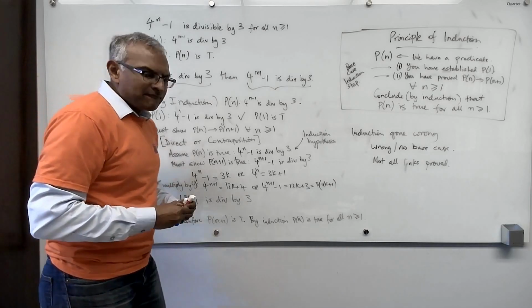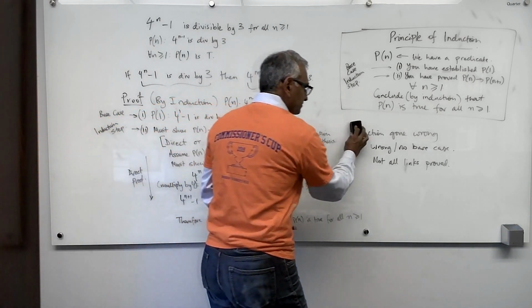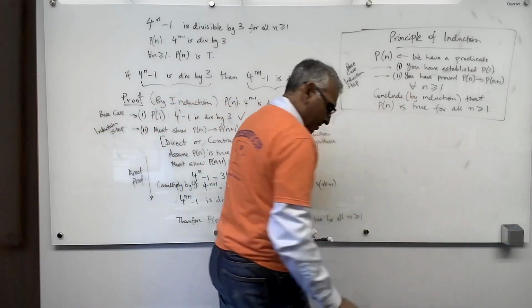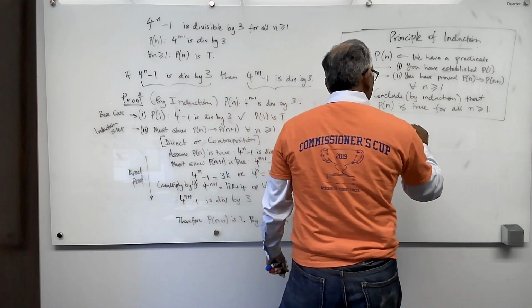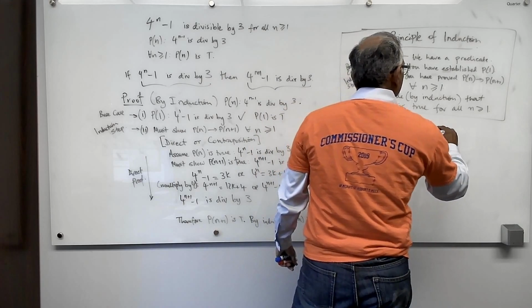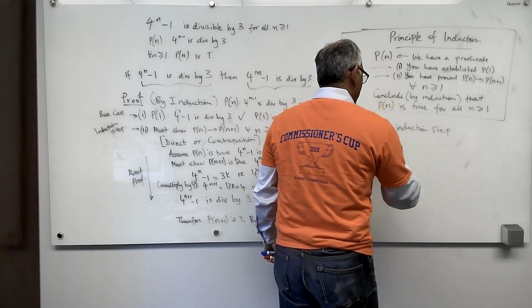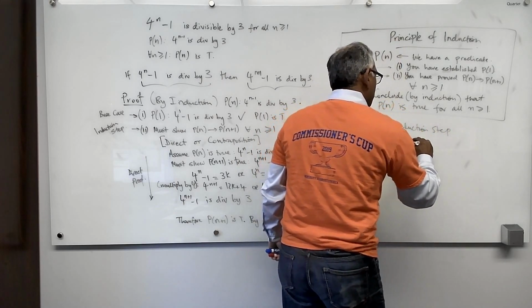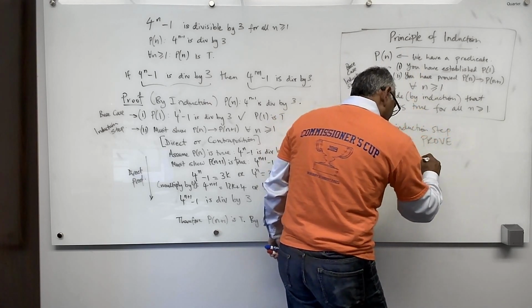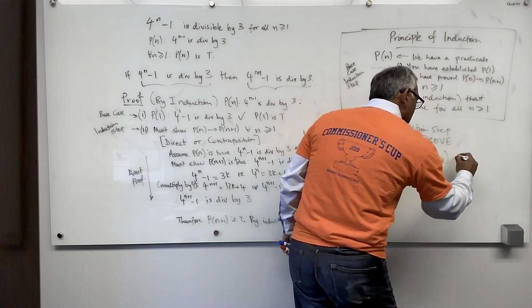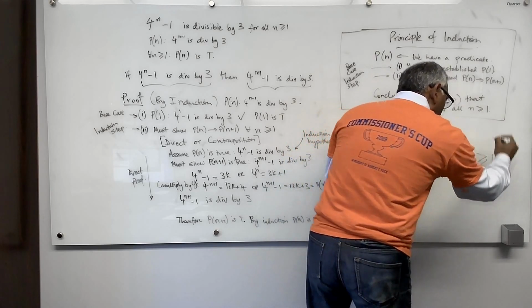Okay. Now let me emphasize that in the induction step, you must prove P of n implies P of n plus 1 for all n greater or equal to 1.